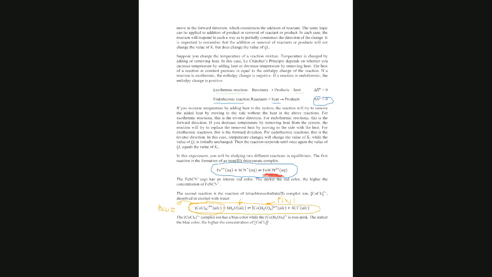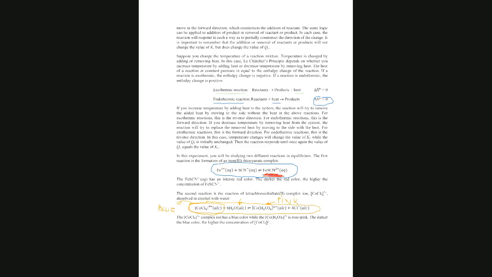That's why it's important. This complex has to be dissolved in alcohol. So the color changes from blue to pink after we add water. And the darker the blue color, the higher the concentration of the complex cobalt Cl4.